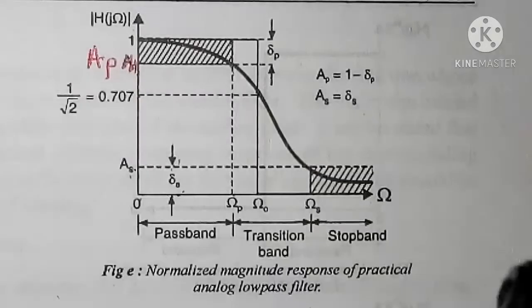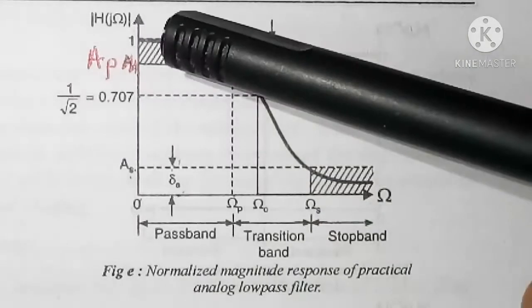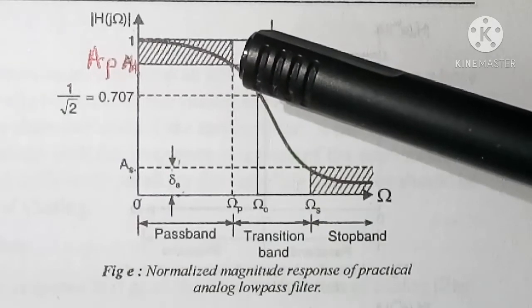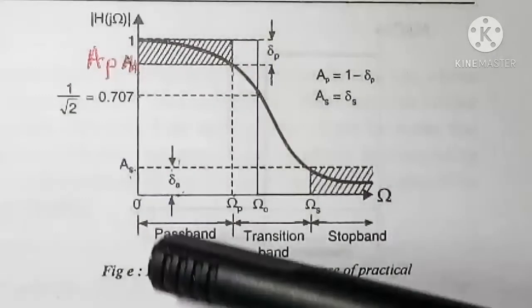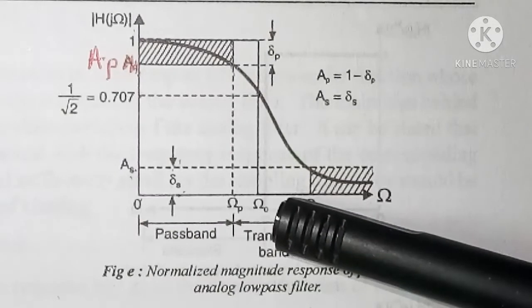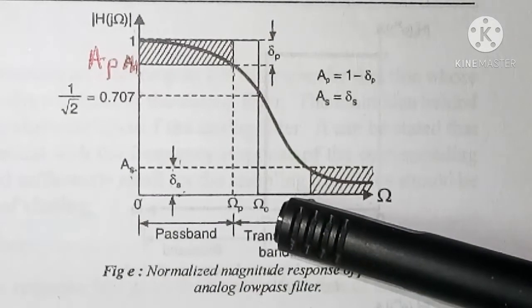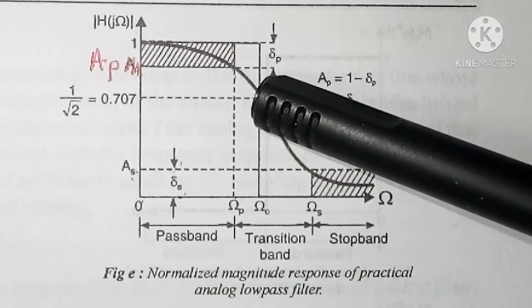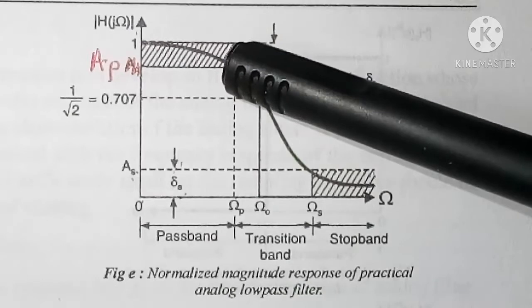Here you can see the magnitude is not remaining constant between 0 and omega c, that is cutoff frequency. The magnitude is varying, or the magnitude is decreasing here.